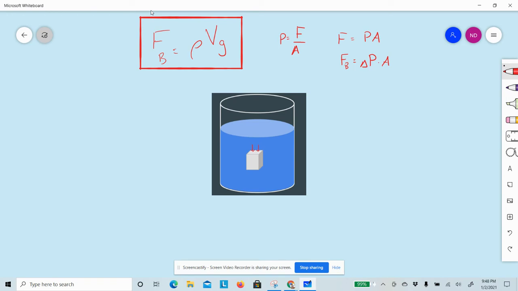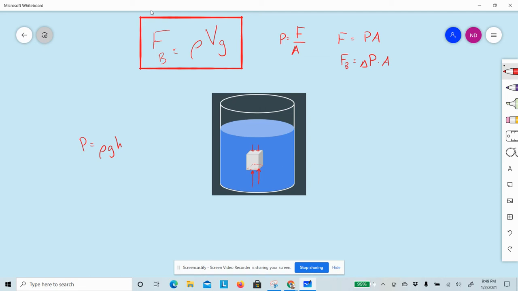The molecules underneath are also bumping into the surface down here, right? That side. But because they're deeper, remember, gauge pressure is rho g h, where h is the depth. So this depth is not so great, so that's a small arrow. The bottom of the cube is deeper, so the molecules there are hitting with a greater force up.